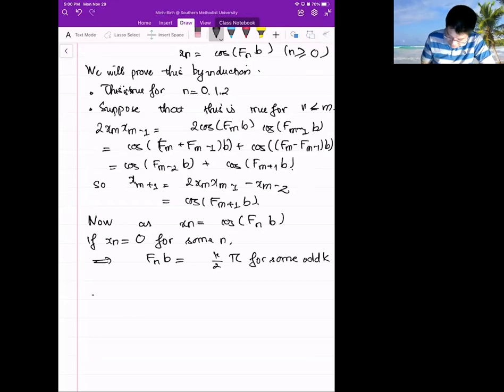So which means that b has to be k over d of 2 pi, in which d here is for Fn.